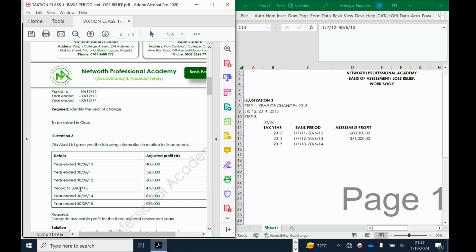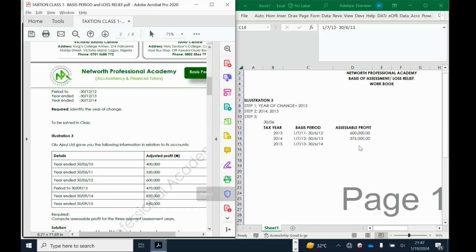From 30/6/2013 to 30/9/2013, how many months is that? 3 months. That is from the end of the previous basis period to the year end that we have here. And it is a 12-month period, so we take the 3 months from here, then pick the remaining 9 months from the next one.